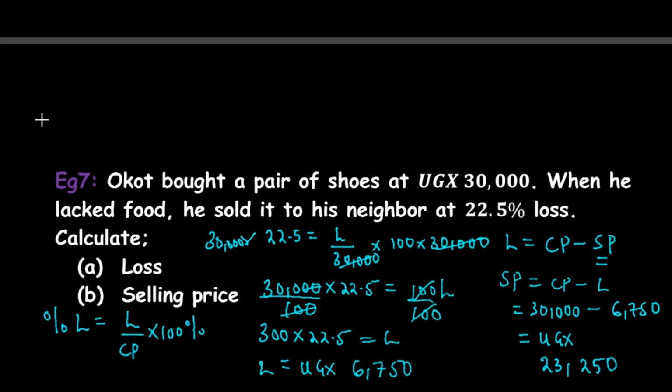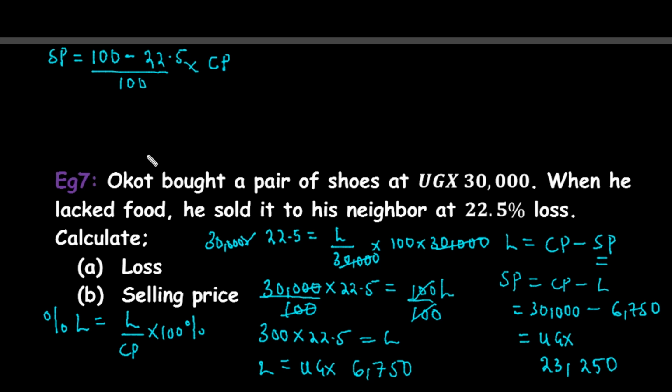Now we can use case 2. Let us write it up. Case 2, we are going to say selling price is equal to 100% minus the percentage of the loss, which is 22.5 out of 100% times the cost price.